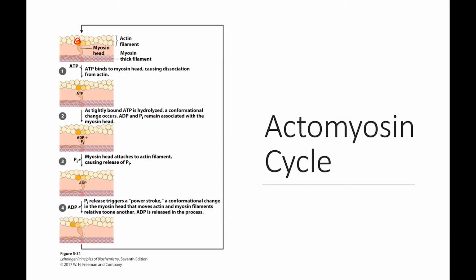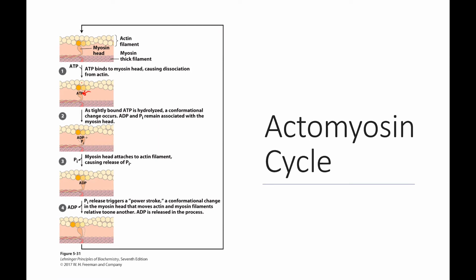When ATP binds to myosin, you can see it causes it to stop interacting with the actin filament. So this is a type of ligand binding in which we're causing a change in the structure, and that change results in myosin and actin no longer interacting.